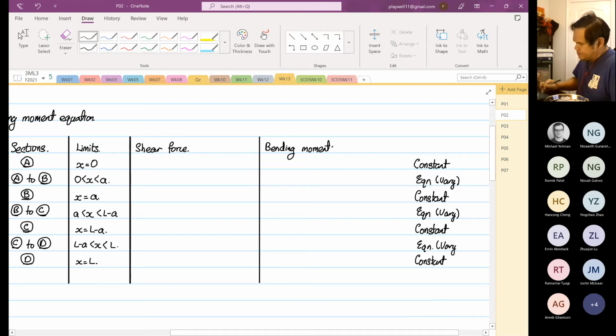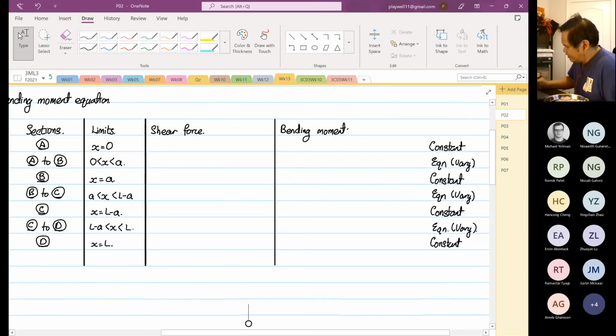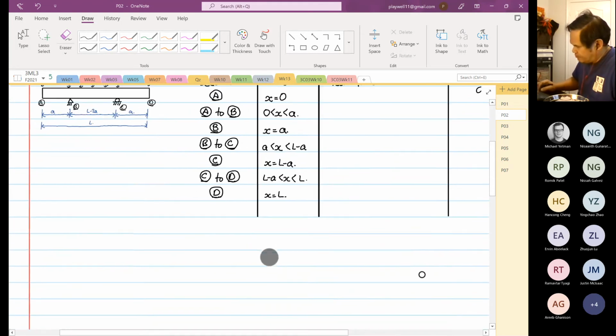So we know that you're going to have 4 constants and 3 equations times 2. So we have 7 sections: 1, 2, 3, 4, 5, 6, 7. 7 times 2, you're going to have 14 equations, or 14 expressions.